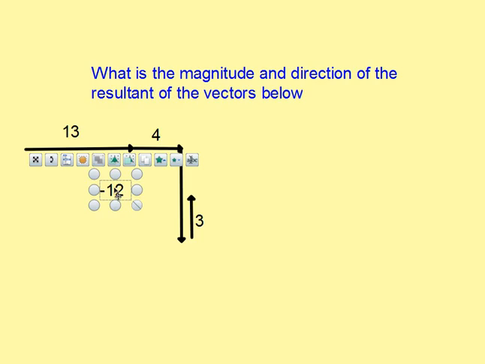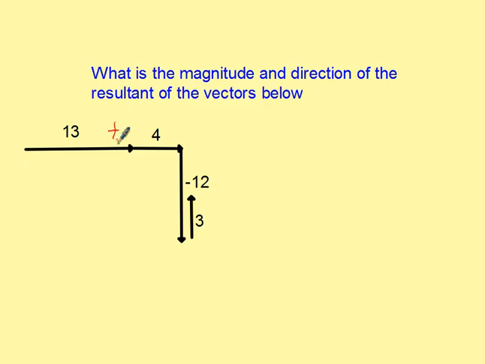So if we look at things like this, this is not so bad. 13 plus 4 over here makes this vector on this side a total of 17, and negative 12 plus 3, if we add those together, our resultant over here will be negative 9.